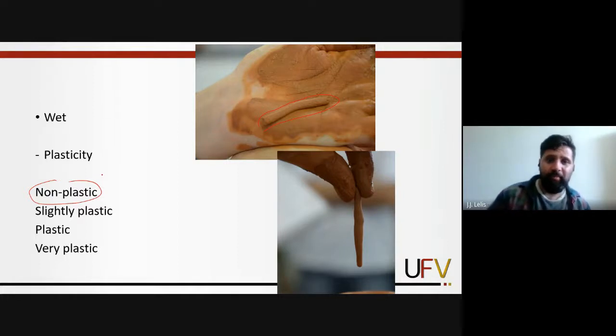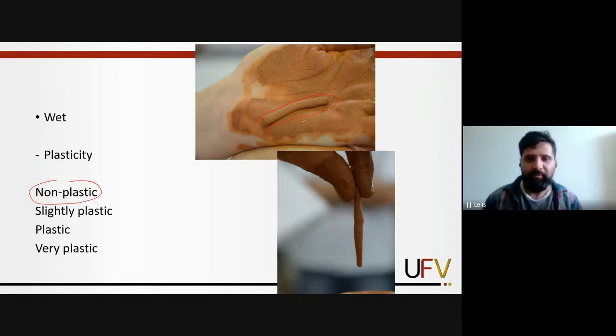If I can create this tube but it is easily broken, I just start to move it and it just breaks, it is also classified as a non-plastic consistency, okay?